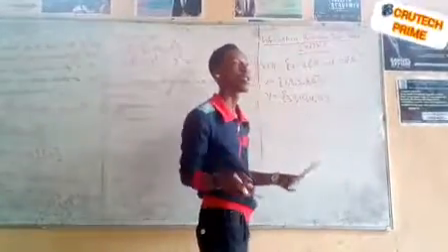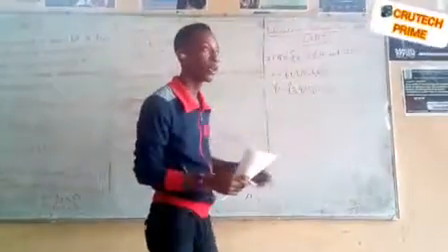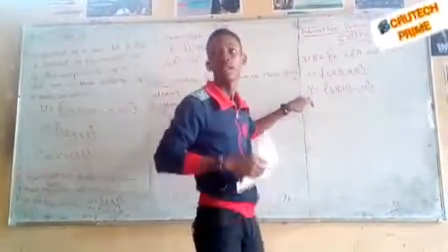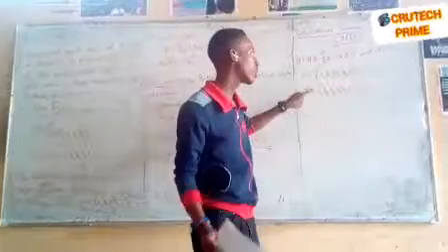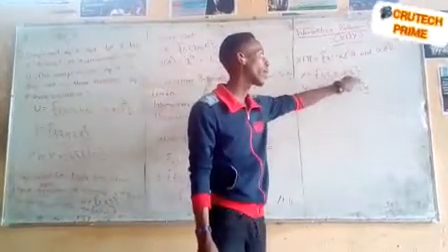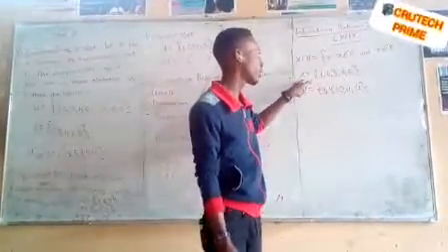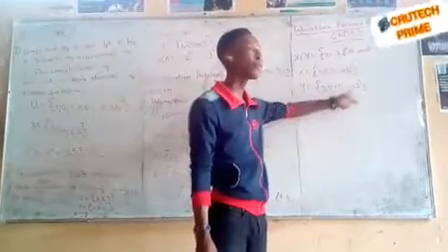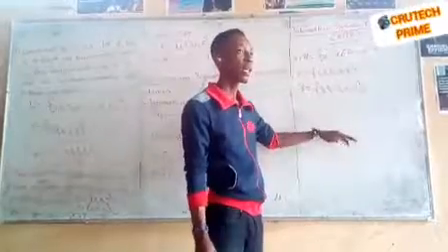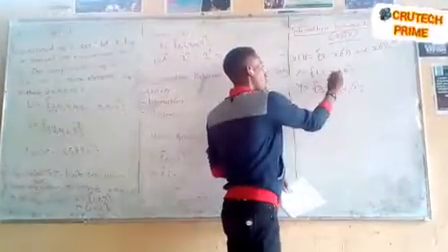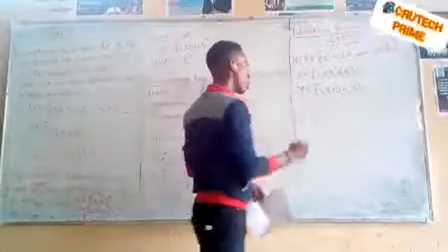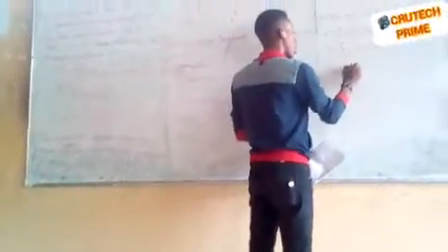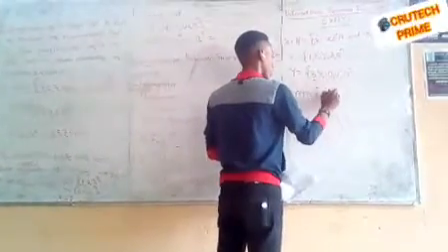Now, intersection means what is the common element between set X and set Y. We have 1, 2, 3, 4, 5 elements of set X, and we have 3, 9, 10, 11, 12. Now, what is common? I can see that 3 and 3 are common. So X intersection Y is equal to 3. As easy as that.